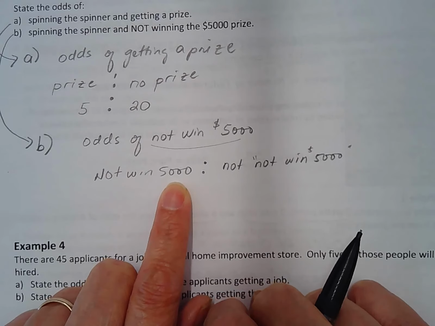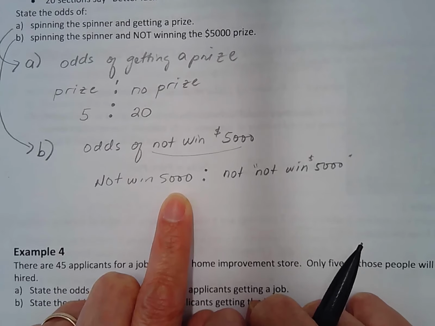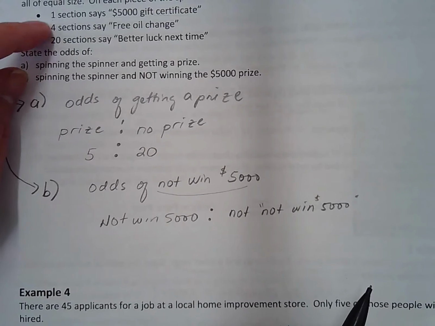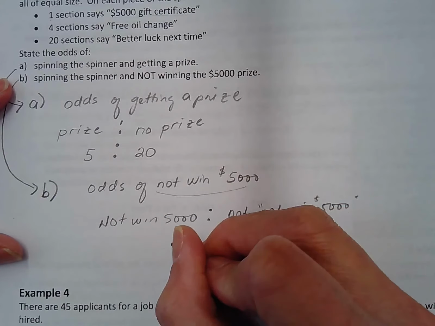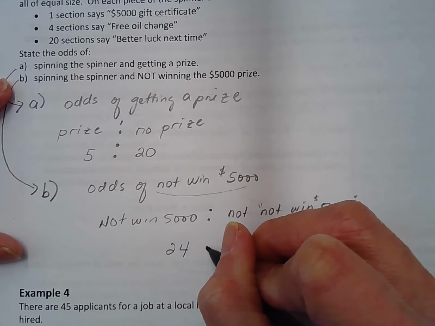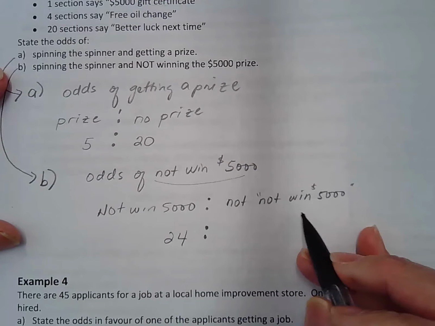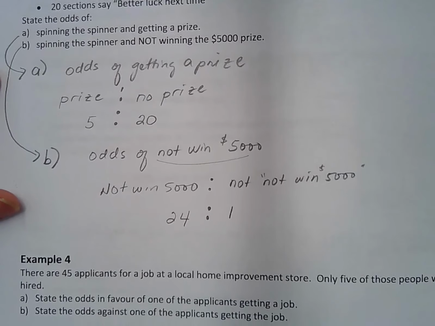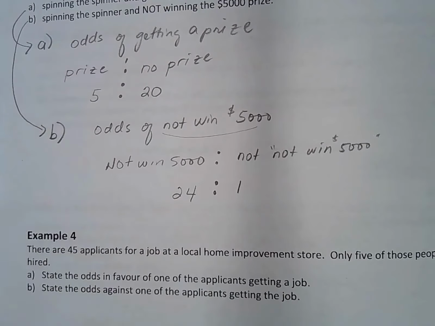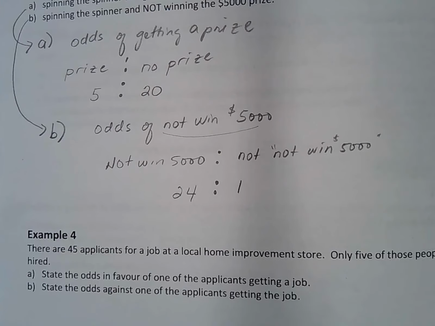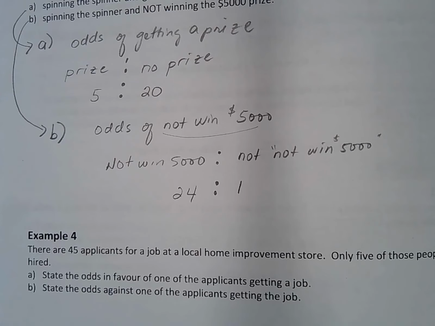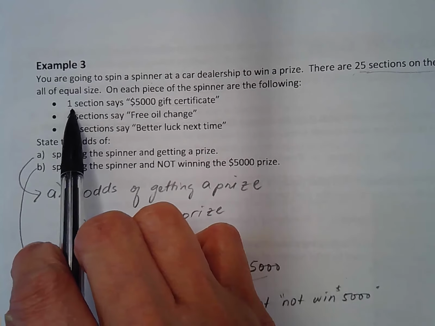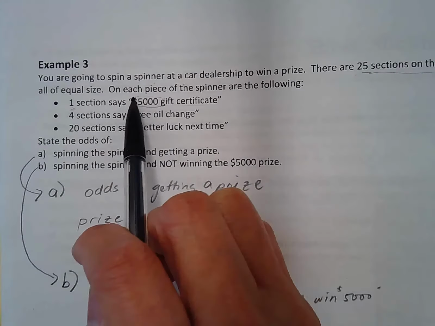So how many possibilities is that? Not winning a 5,000 is 24, right? 24 is to... Winning a 5,000 is 1. How do you get the 1? Because it says here there's one section that's 5,000.